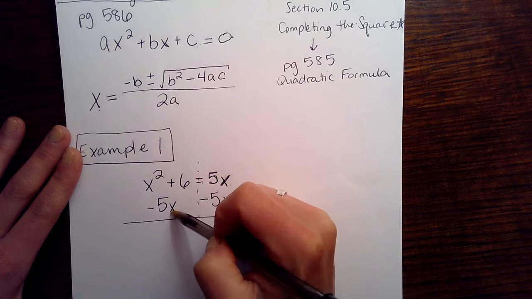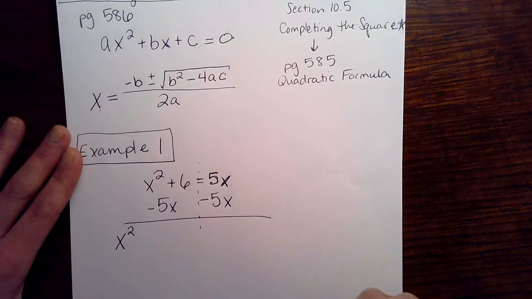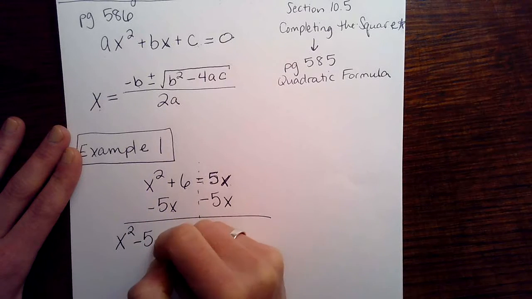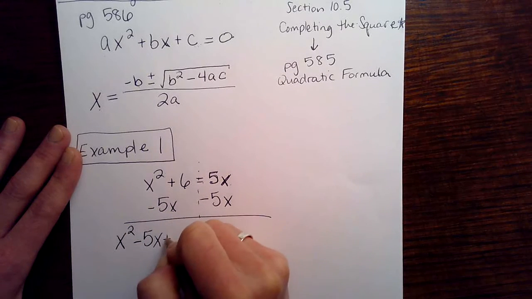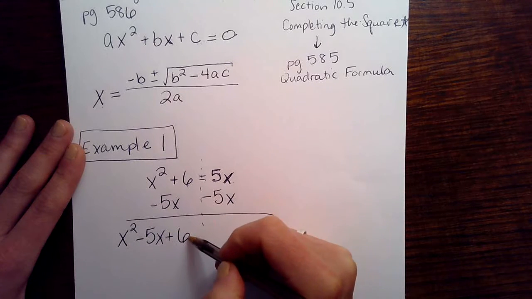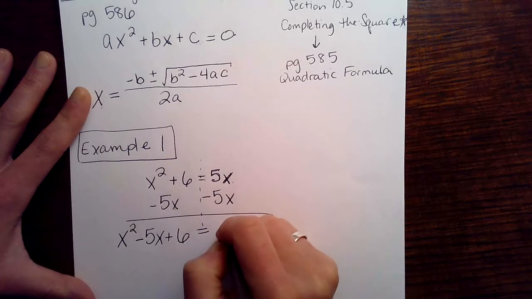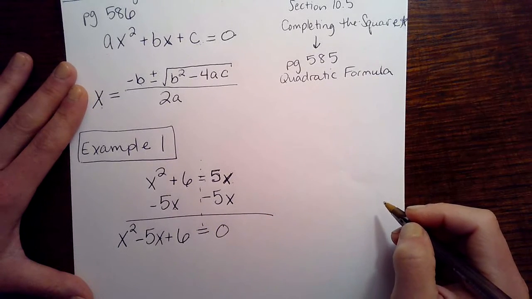When I subtract 5x, there are no like terms, so it stays minus 5x plus 6. You may notice I put that in the middle just to put this in the ax squared plus bx plus c form equals 0.